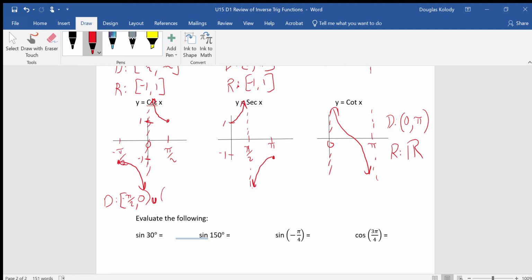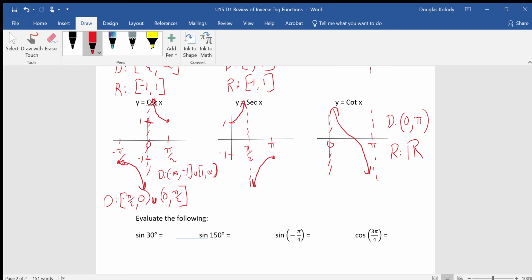I'm also starting at 0, and I'm going to pi over 2. This is crucial right there. Okay, and so my range, which I did not leave enough space for, I'm going to put right here. My range is going from negative infinity to negative 1, or from positive 1 to positive infinity, soft bracket.